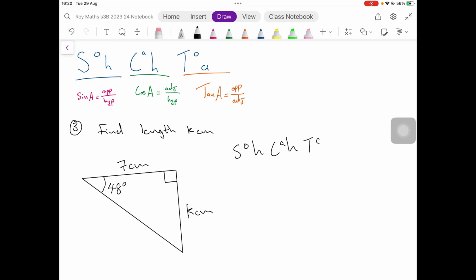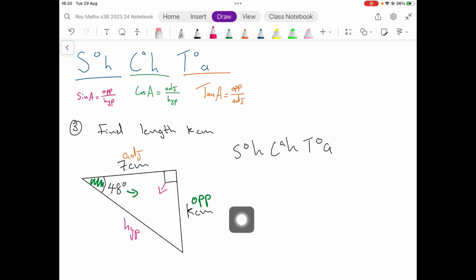Sohcahtoa. The right angle is here. If I draw an arrow, I can find the hypotenuse, the longest side. The angle I'm working with is up here, so opposite that is the opposite side, and the remaining side is of course the adjacent. Now, do I know the hypotenuse?